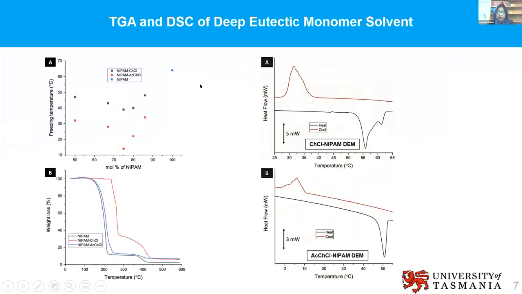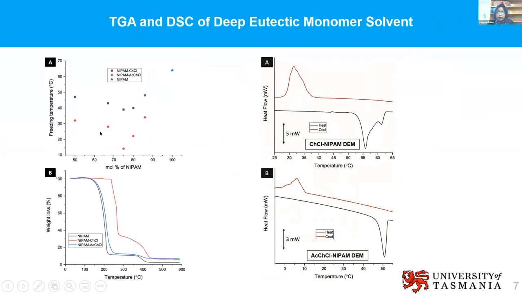This is the thermogravimetric analysis data in the lower figure, B on the left-hand side. The thermogravimetric analysis data of the NIPAM choline chloride and NIPAM acetylcholine chloride deep eutectic monomer solvents relative to their starting materials shows that they are more stable than their starting materials.